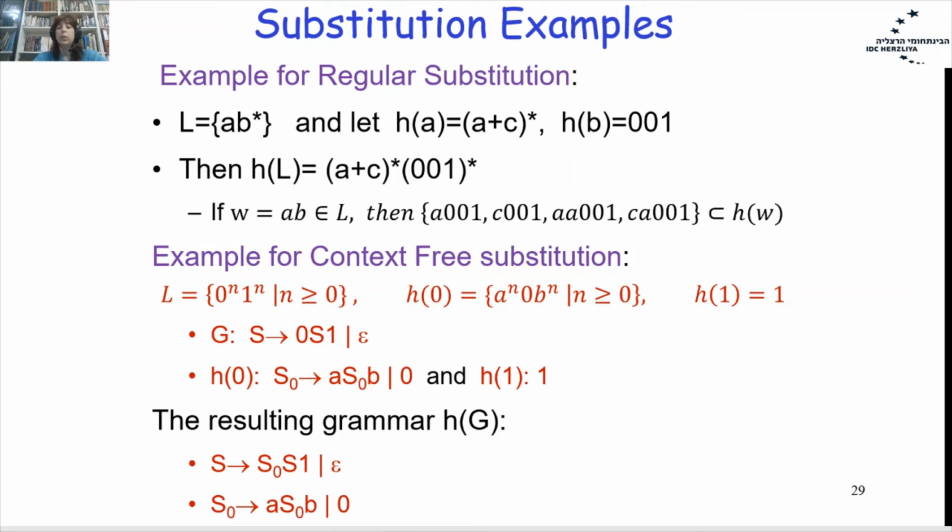So S0 derives A S0 B or 0, and h of 1 is actually 1. The resulting grammar after the substitution h of G will be S derives S0 S1 or epsilon. S0 derives A S0 B or 0.